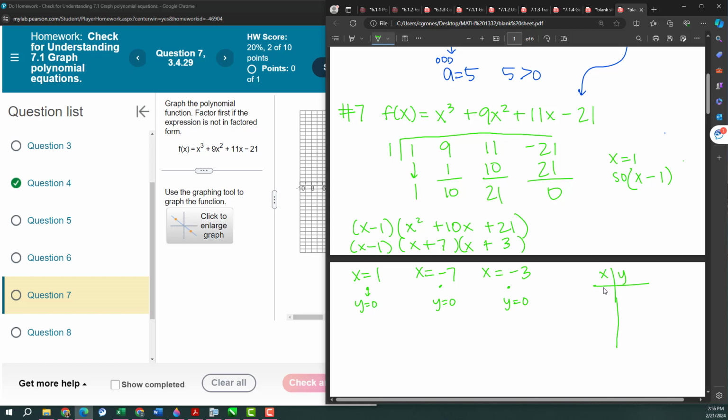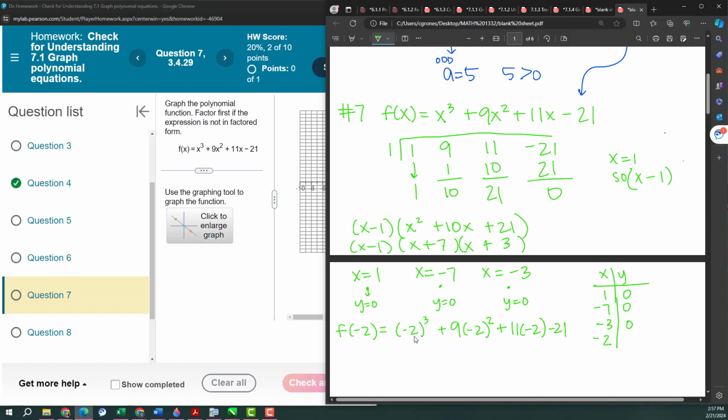I have 1, 0, negative 7, 0, and negative 3, 0. Let's look at where x equals negative 2. So f of negative 2 equals negative 2 cubed plus 9 times negative 2 squared plus 11 times negative 2 minus 21.